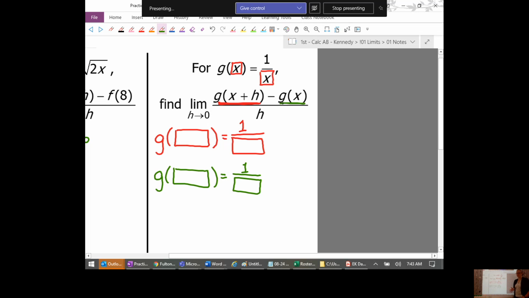One of those is hopefully clearly easier than the other two. But now that I've written it this way, so I've just replaced the x's with boxes, I'm ready to actually fill in those boxes. Well, here I want g of x plus h. So this box, and therefore that box, get filled in with an x plus h.